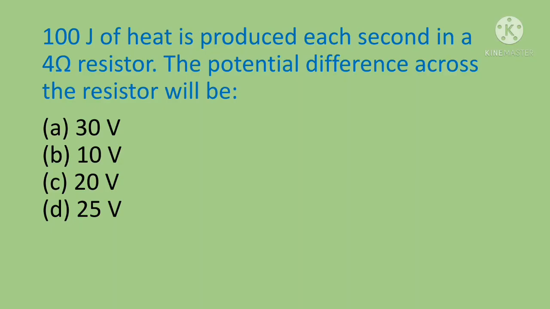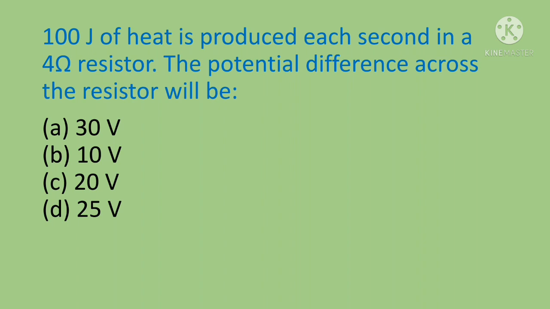Here is one very simple problem based on the electricity, that is 100 joules of heat is produced in each second in a 4 ohm resistor.